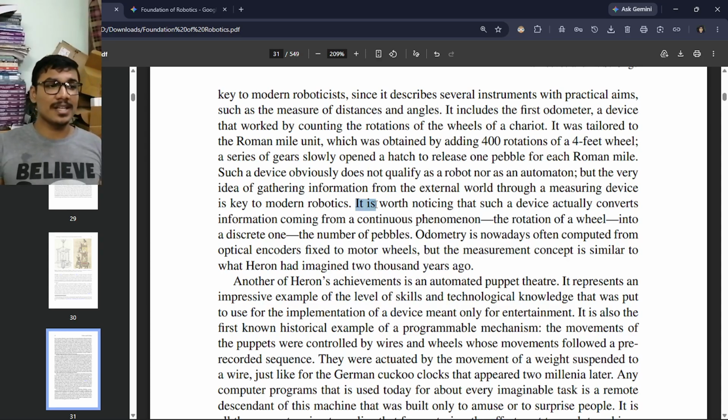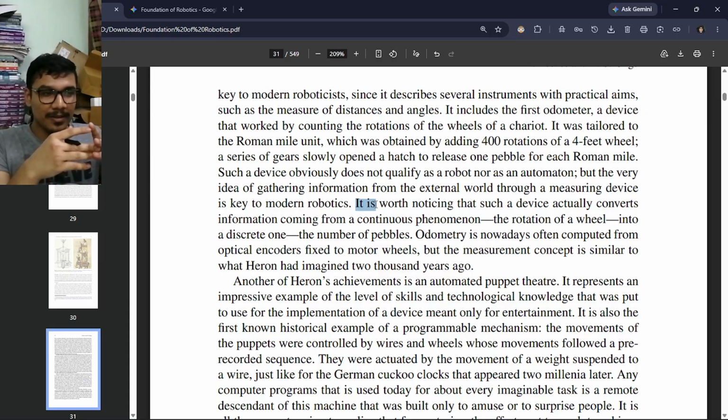So as far as I am able to conclude, the actual definition of a robot is very complex because it's basically defined by a list of factors which it needs to satisfy, otherwise it won't be counted as a robot.